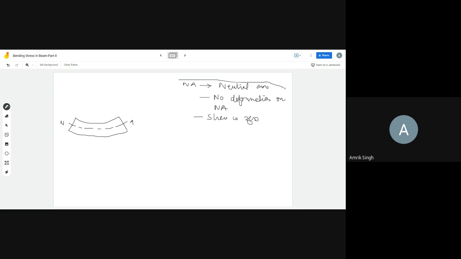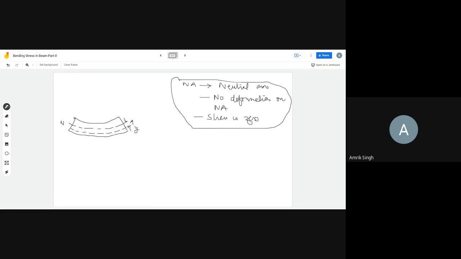So this is the neutral axis. Okay. Right. So let me consider a layer which is shown by this dotted line, and this is at a distance y from the neutral axis. So this y is the distance which we have taken.